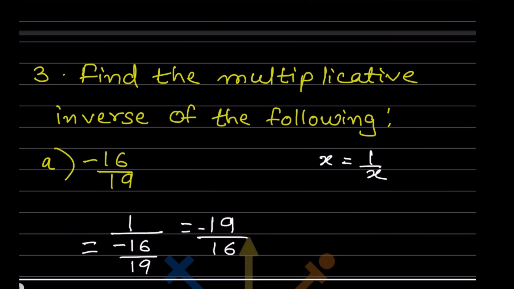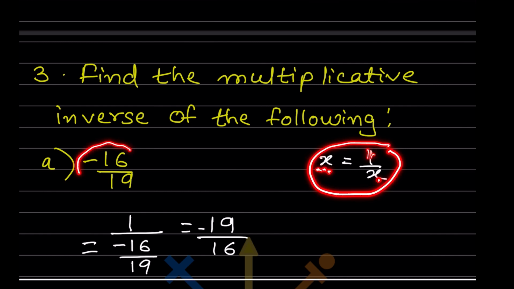So now here they said, find the multiplicative inverse. That was additive, and this is multiplicative. So whenever there is a multiplicative inverse, see I've just written it here. Suppose it is x, any value, that is x, so that is going to be 1 by x. So now see here, this is minus, we are going to consider this as x. So minus 16 by 19.